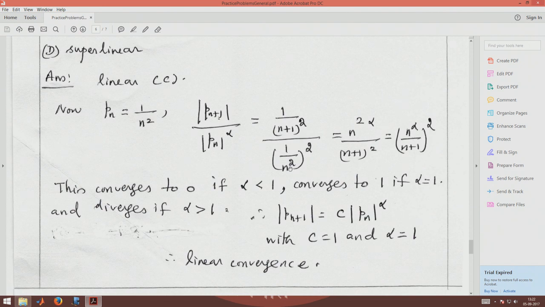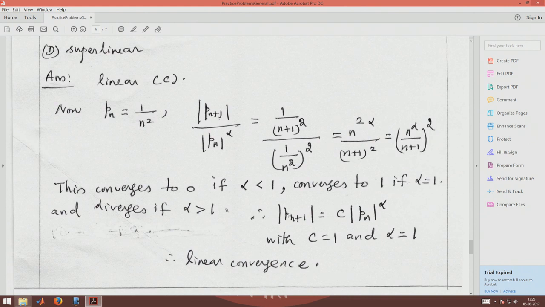So, that gives you n power 2 alpha by (n plus 1) the whole square. Now, when will this quantity converge to 0? That will converge to 0 if alpha is less than 1. It will converge to 1 if alpha is 1, and it will diverge if alpha is greater than 1. And you want the sequence to converge. So, alpha must be such that it converges to 1 if alpha is equal to 1.